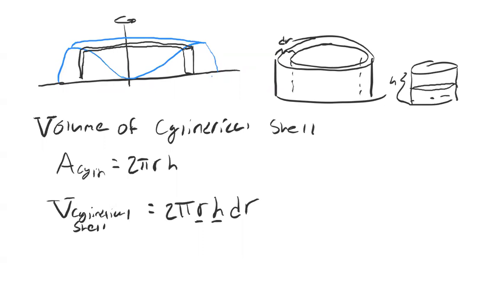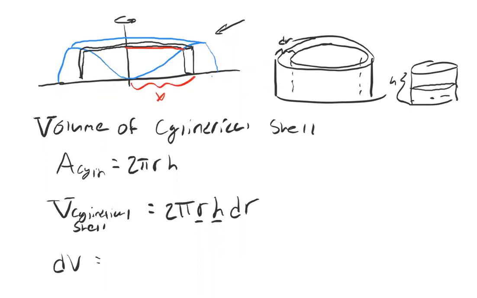So looking at the shape up here, I'm going to turn this into dV. What I need to figure out for r is this distance here, and that distance is just the x value along the x-axis.